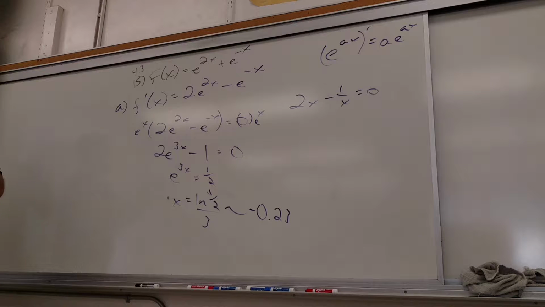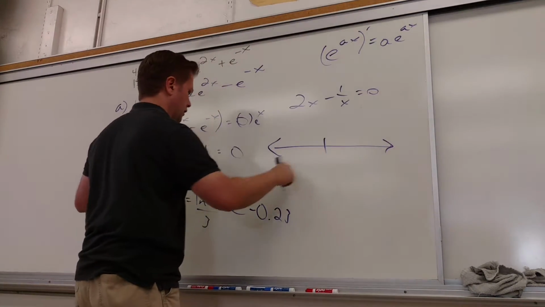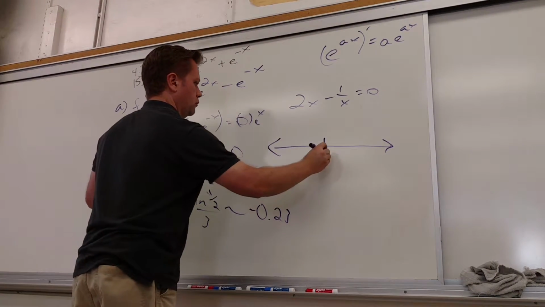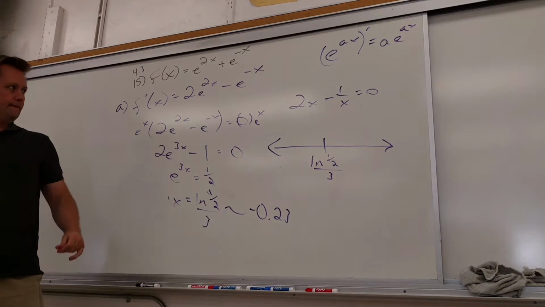All right, so to answer part A, it's asking me where it increases and decreases. I just have to see where the slope is negative, where it's positive. So I go all the way through the sign diagram. I've got my natural log of 1/2 over 3, which is about this.